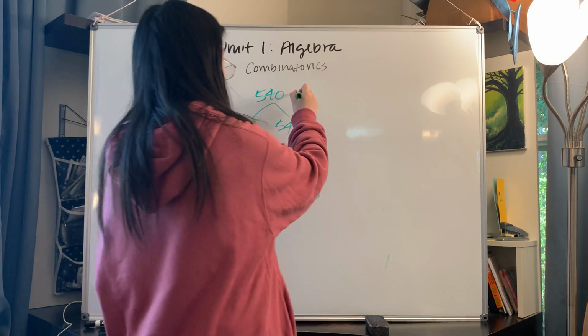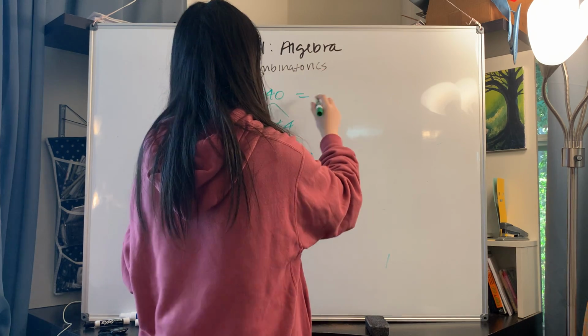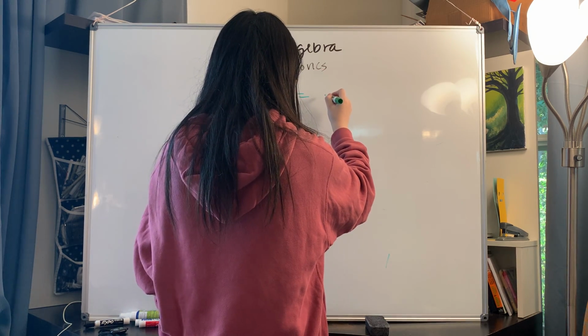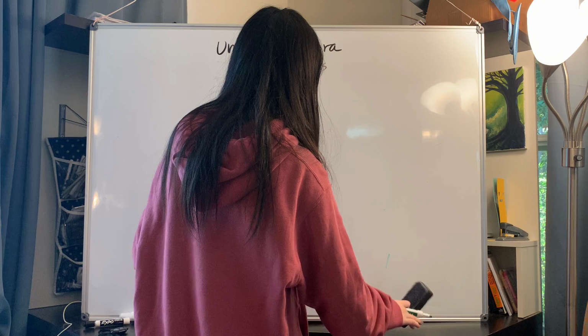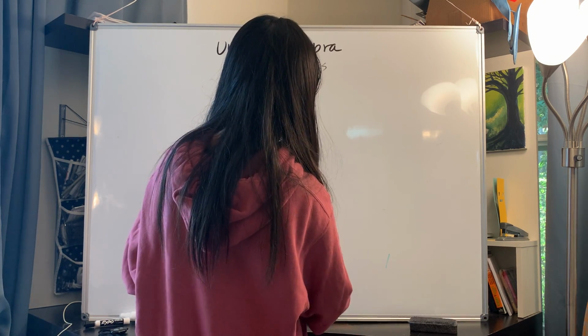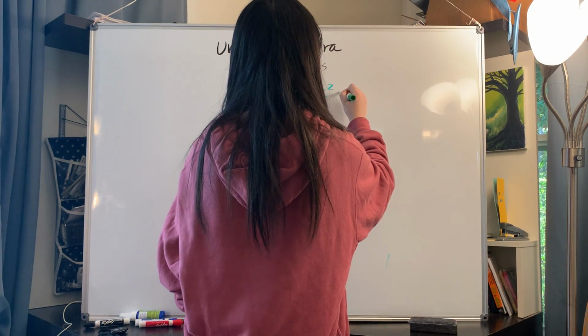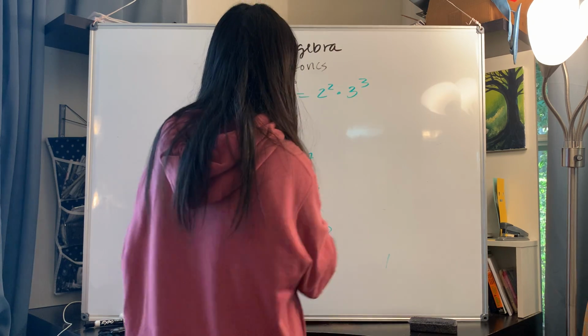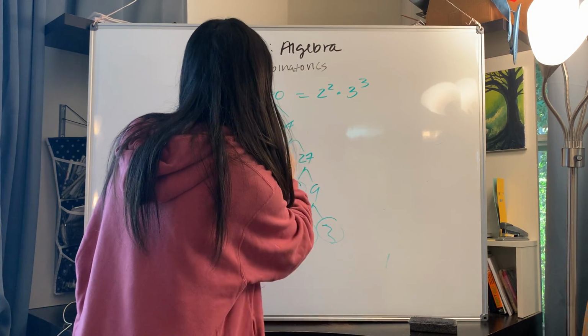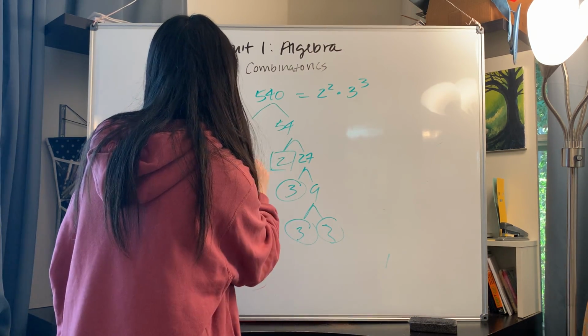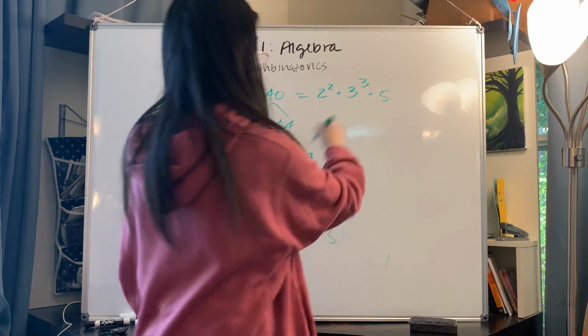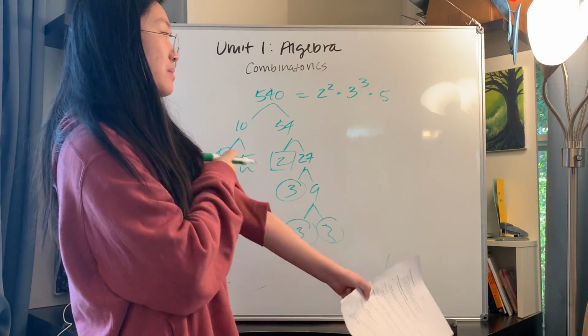So the complete prime factorization of 540 is equal to 2 squared times 3 to the third power times 5.